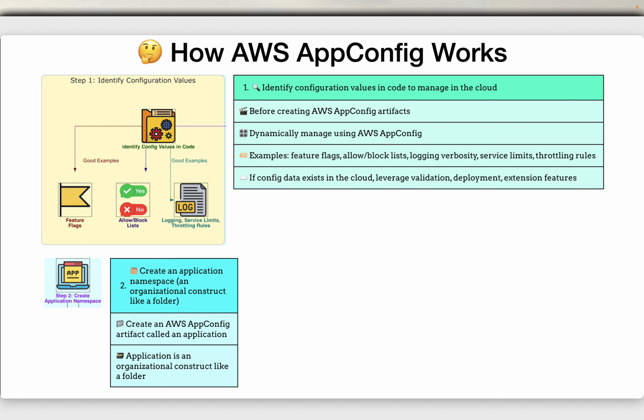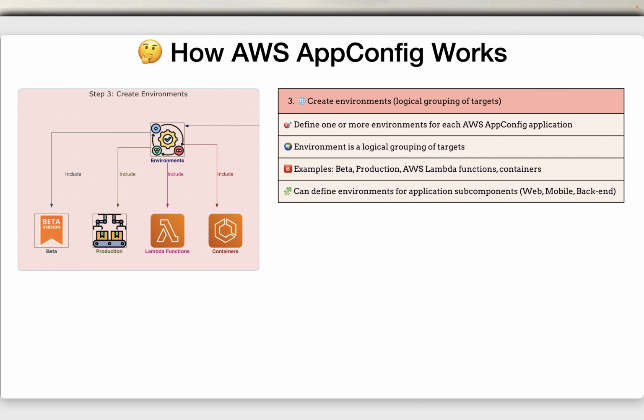Next, you create an application namespace, which is an organizational construct like a folder. To create a namespace, you create an AWS AppConfig artifact called an application. And application, as I talked about, is simply an organizational construct like a folder within AppConfig. Third, you create environments, which are logical groupings of targets.